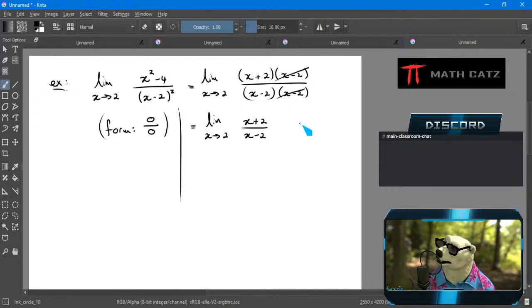It's simpler. So let's check the form of this guy. I have a new function in the limit question. So let's see if the form is the same or not. Numerator goes to, just to see if you're awake, the numerator approaches what as x approaches 2?